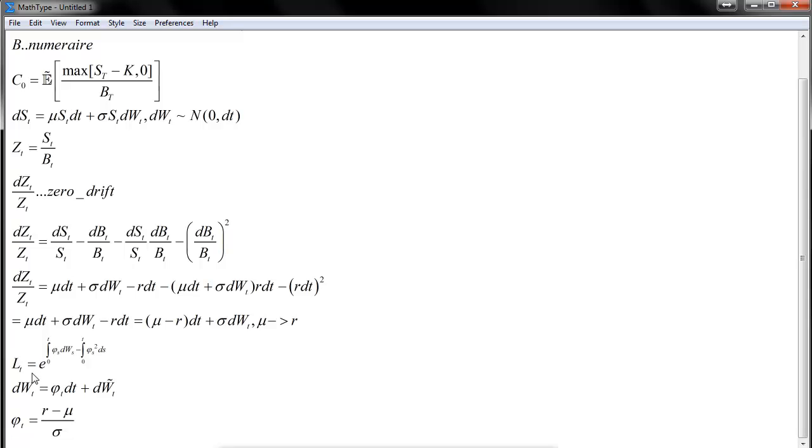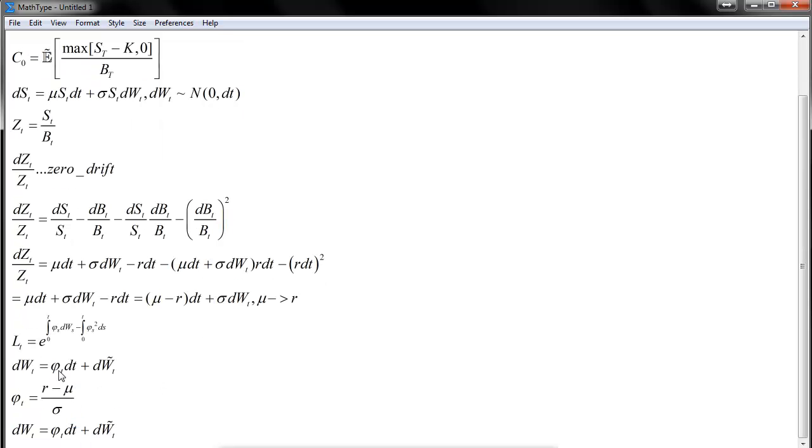So we now have this Radon-Nikodym derivative, and we can transform the measure and get a new Wiener process under the risk neutral measure. Let me show you.